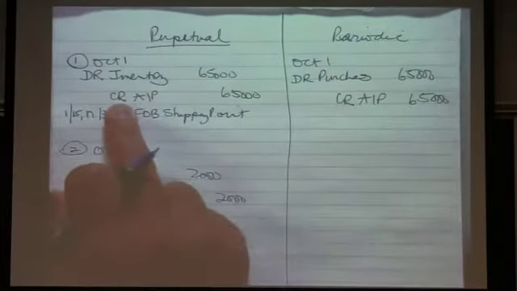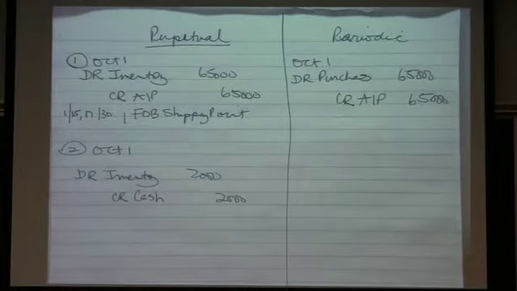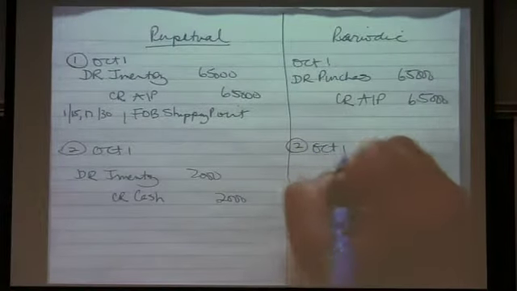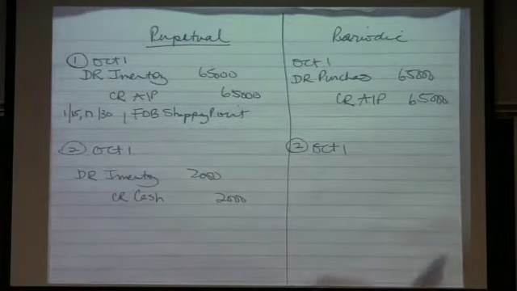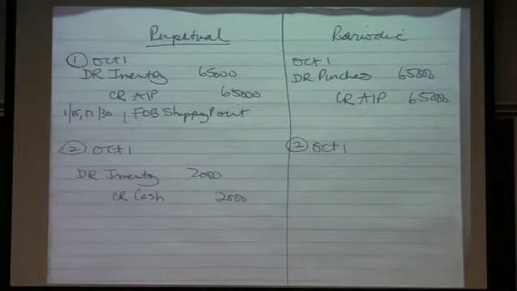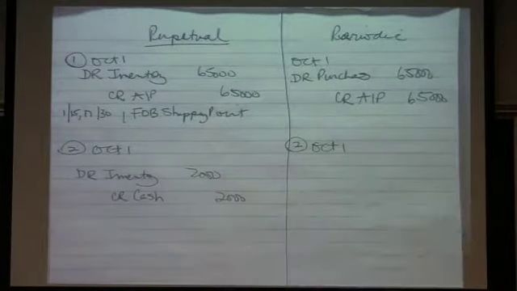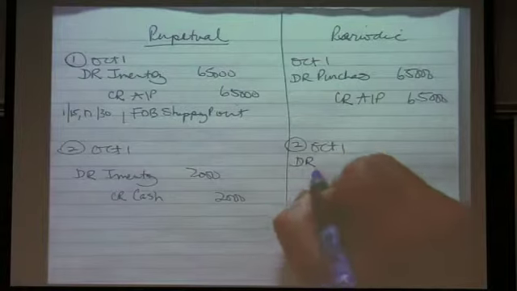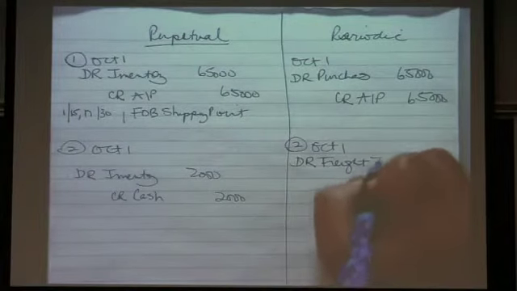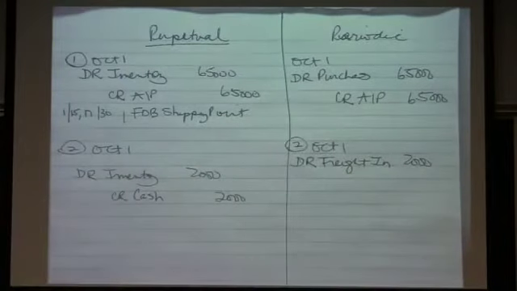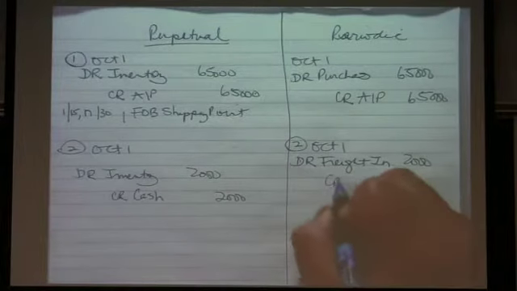But under perpetual, everything goes to inventory. Now, on October 1st, we actually paid for the shipping. Under perpetual, we debit inventory, so everything goes into inventory. Whereas for periodic, we're going to debit an account called freight in. Freight in is one of those accounts that gets added to purchases to determine net purchases. And we're going to credit cash.